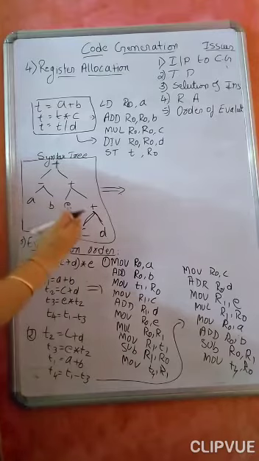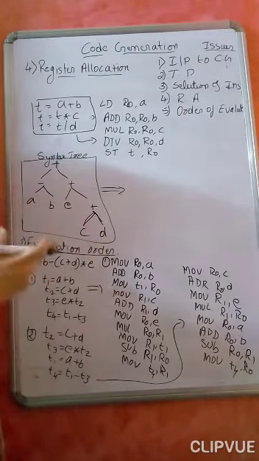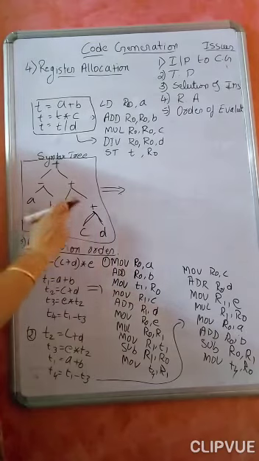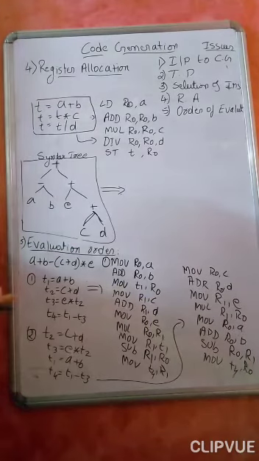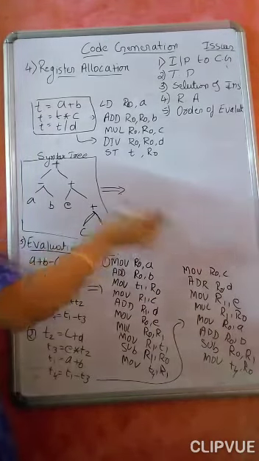A, B, E, C, D. So you can use R0, R1, R2, R3, R4. Means I can use 5 registers here. So why simply use 5 registers if I can complete the same operation with a smaller number of registers? Now I'll try to write the instructions.